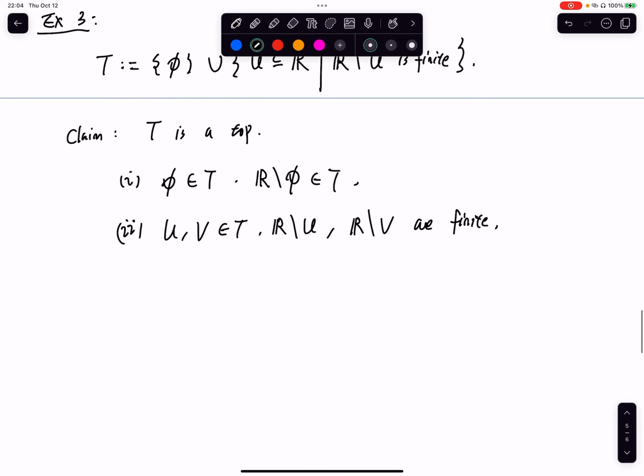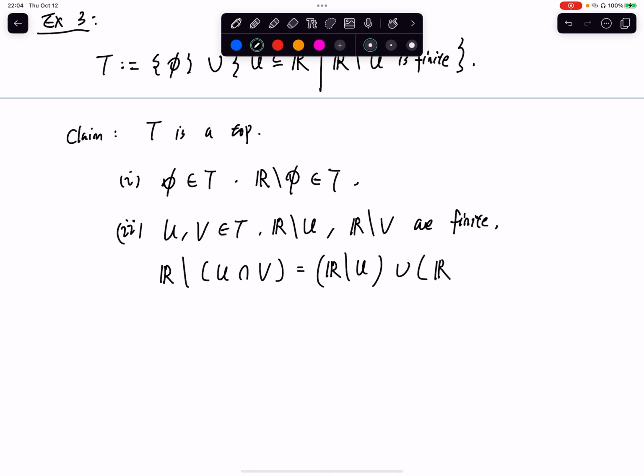Our goal is to show that R minus U intersect V is also finite. So R minus U intersect V equals R minus U union R minus V. And obviously, this is a finite union of finite sets, which is finite. Therefore, U intersect V also lives in T.